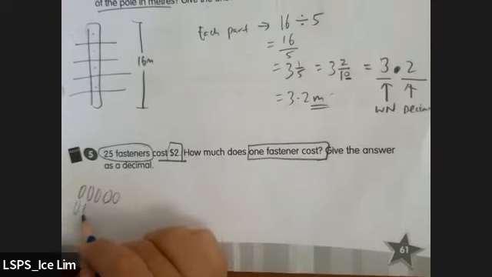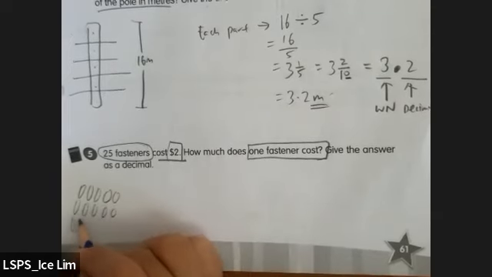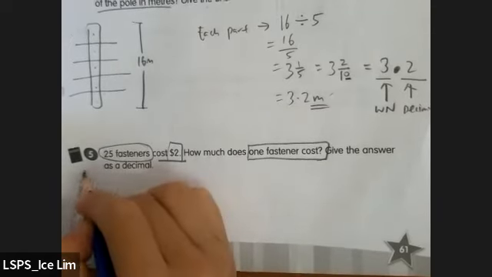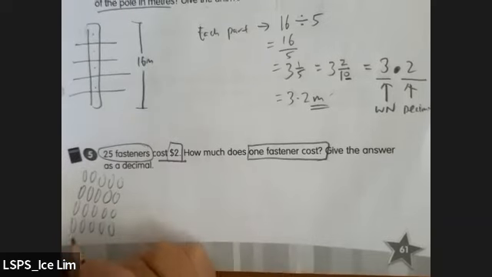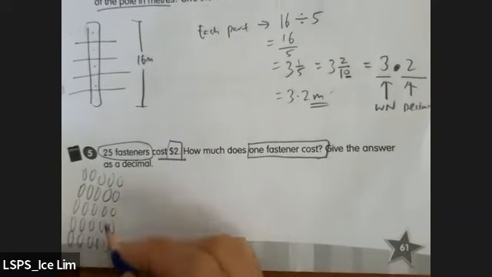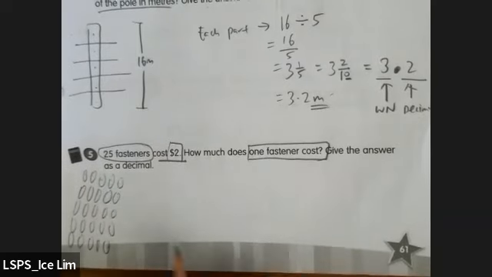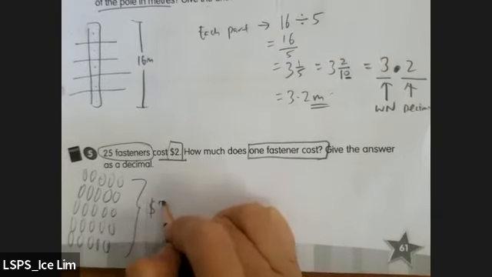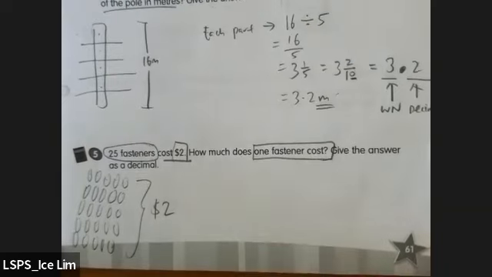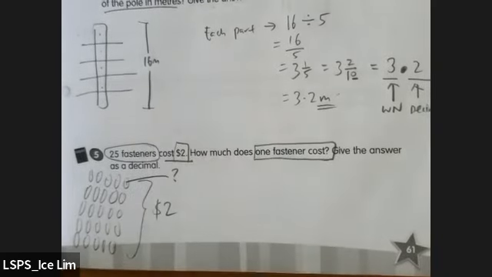You draw 25 fasteners. One, two, three, four, 5. 1, 2, 3, 4, 5. 25 fasteners. All of these cost $2. You're asking for one piece cost how much?